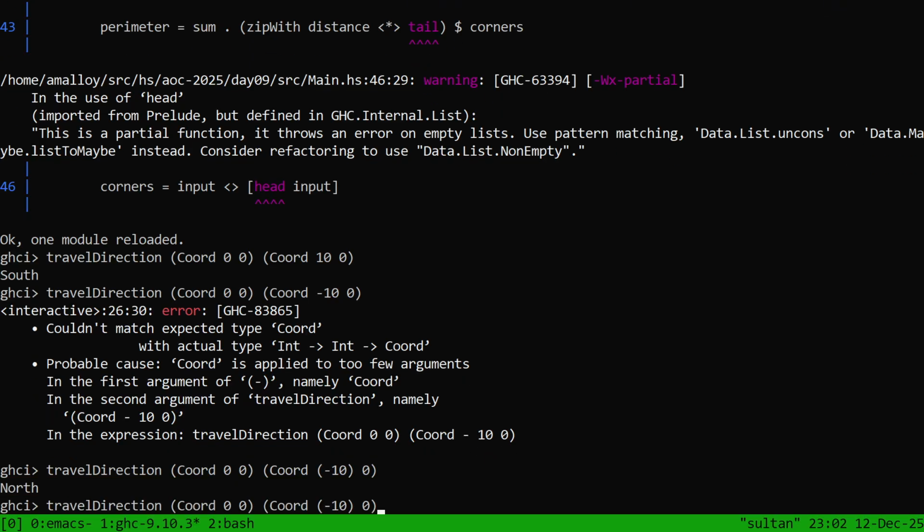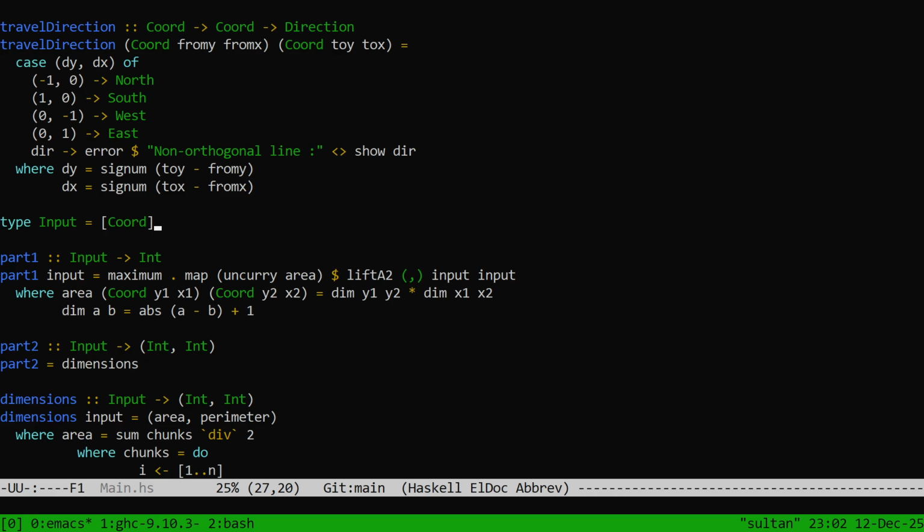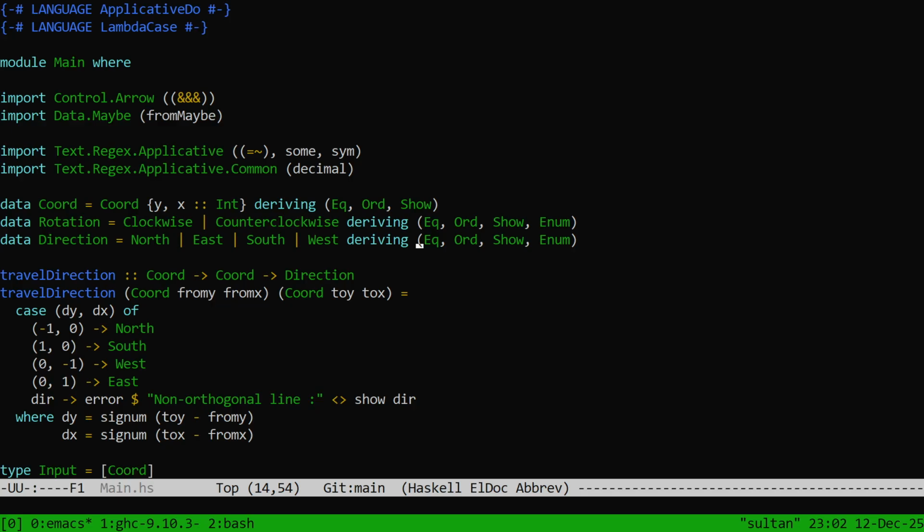That's north, sure. And if we want x increasing, x goes to 10. That's east. Great. Okay. So I got all the signs right. Or at least they mean the things I thought they would mean. Whether what I thought is correct, I guess we'll find out.